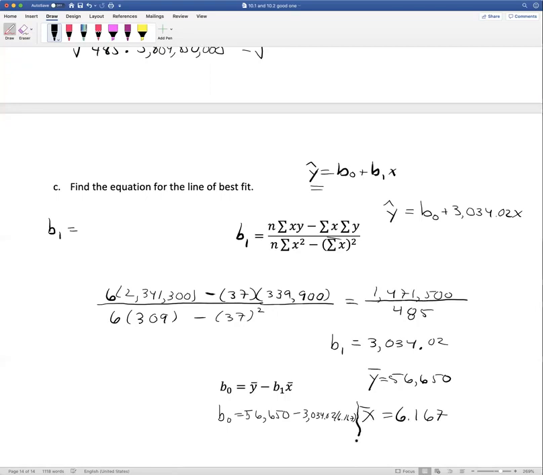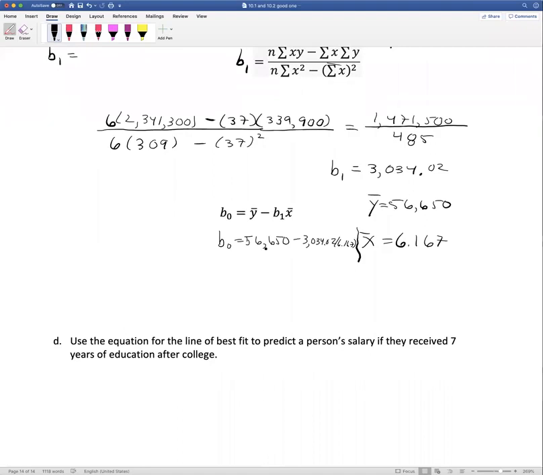Okay, so let's figure out what value we get for B naught. 56,650 minus 3,034.02 times 6.167, and we get, rounded to 3 decimal places, 37,939.199.